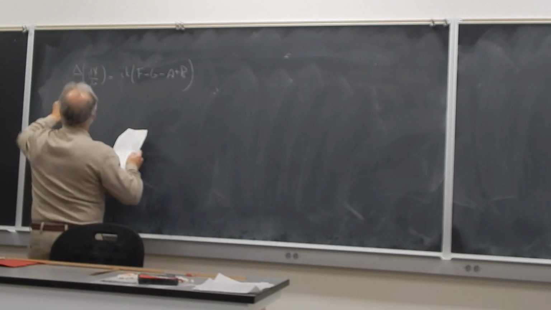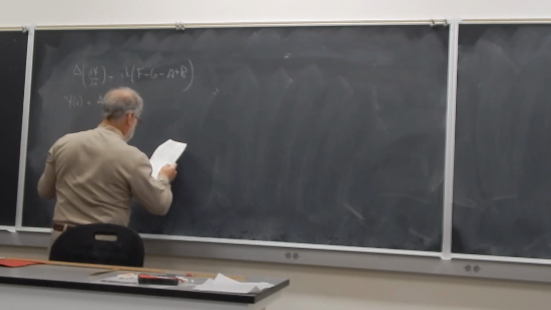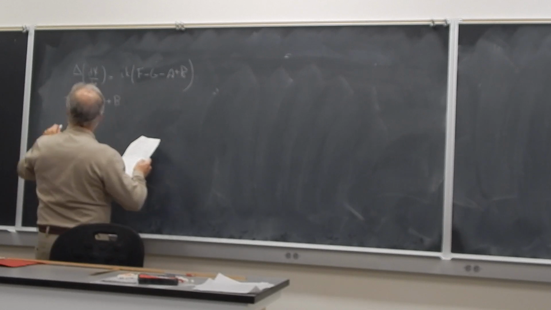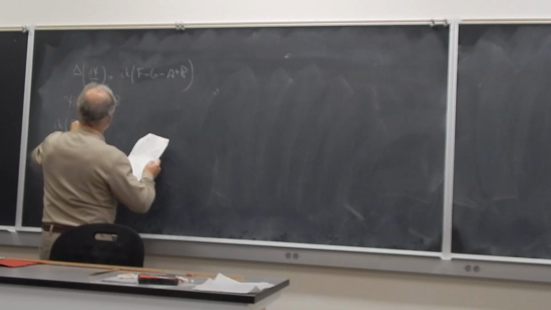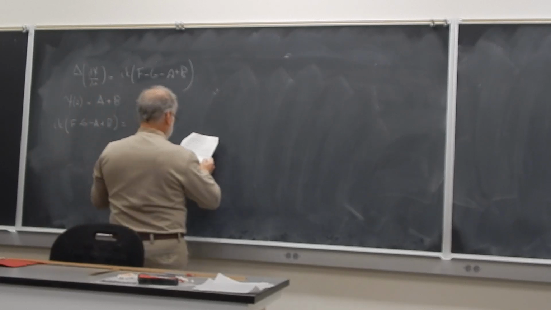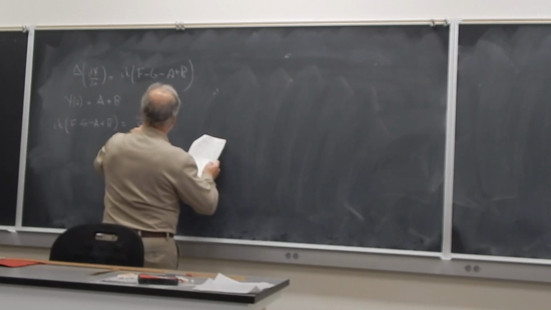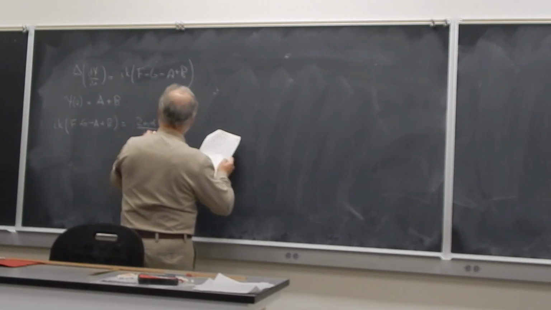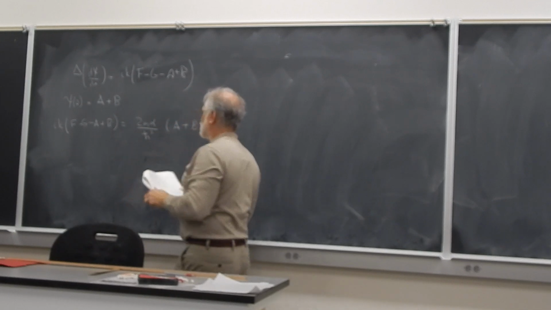And psi of 0 is equal to a plus b. Therefore, i k (f minus g minus a plus b) is equal to 2m alpha over h bar squared times (a plus b).